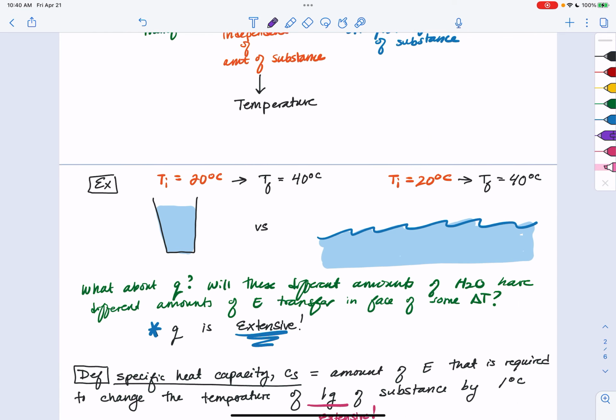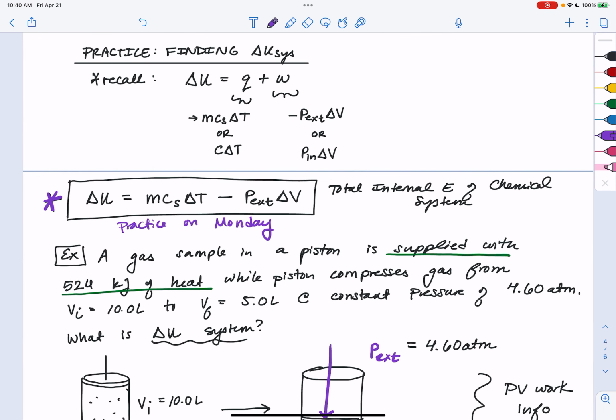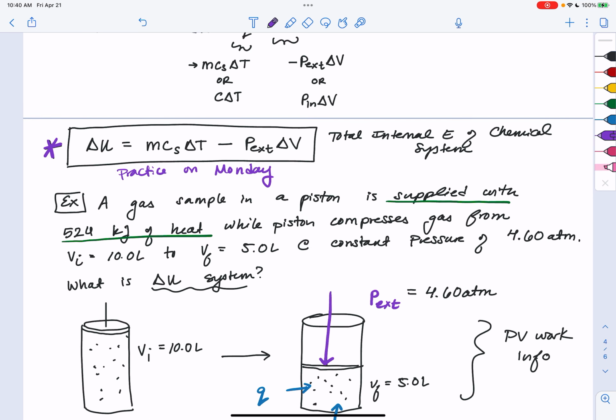And we'll also begin with a warm-up that perhaps utilizes this equation coming up on Monday. And then, like I said, we'll be talking about enthalpy. So we have wrapped up our conversation about how to calculate heat and how to calculate pressure, volume, work, and use that to make calculations about a total internal energy change of a system. And moving forward, we're now going to add in enthalpies to the equation so that we can talk about heat transfer and calorimetry coming up next week.